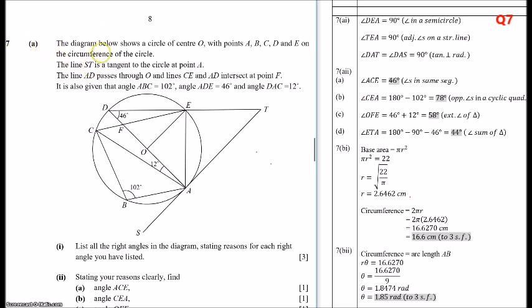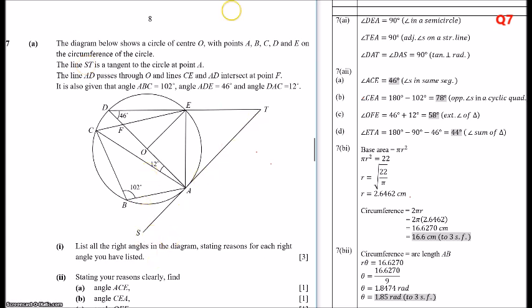Okay, so as with all these circle questions, as you read, you want to draw on the diagram. So let's start reading. Center O, A, B, C, D, E on the circumference. That means all these 5 points are on the circle. And then ST is a tangent, so ST is this one.